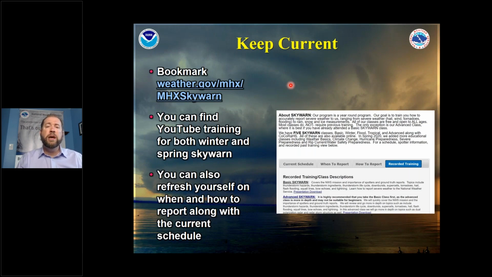You can always go to our website, weather.gov/Morehead City. Scroll to the bottom, there's a SKYWARN icon, and there's a lot of good information. What to report, when to report, our current schedule. Let's say you want to take a refresher class, and then we've got this tab called recorded training. This is where you can find all our YouTube videos. We'll certainly like you to keep relevant with that.